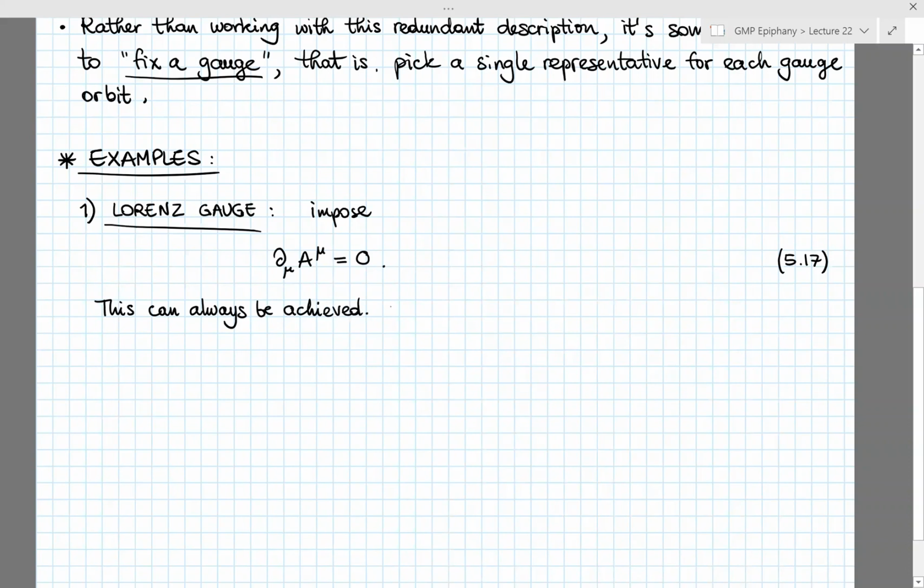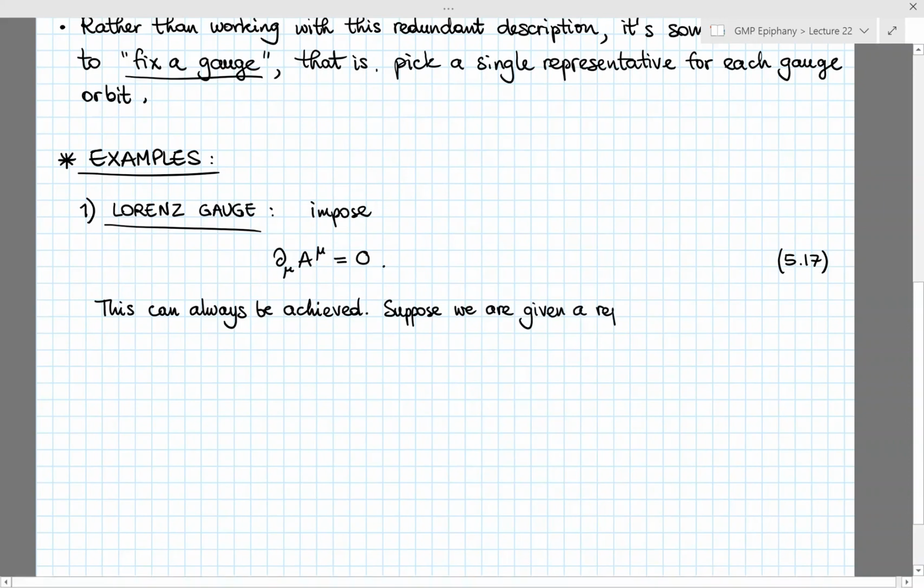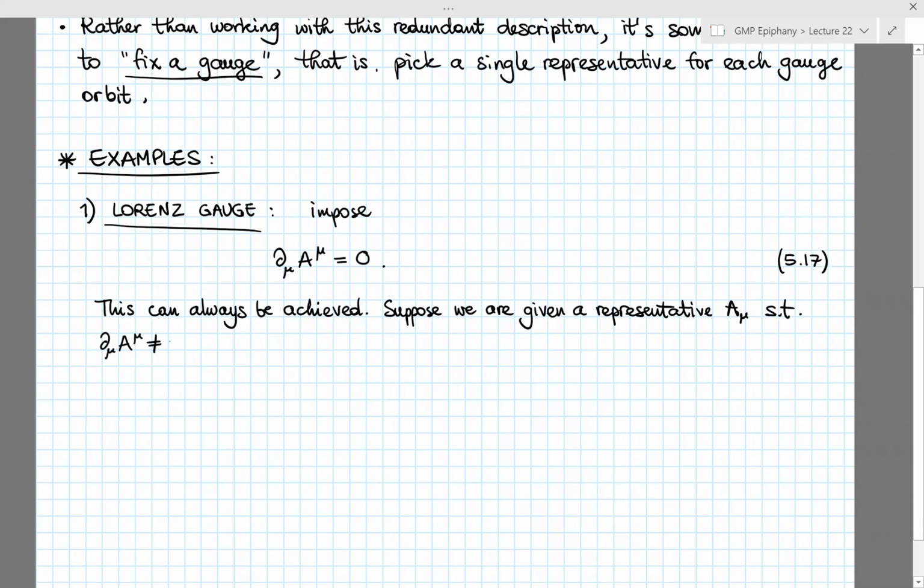Indeed, suppose we're given a representative of a gauge orbit such that the divergence of A mu is different from 0. So we're outside the Lorentz gauge.